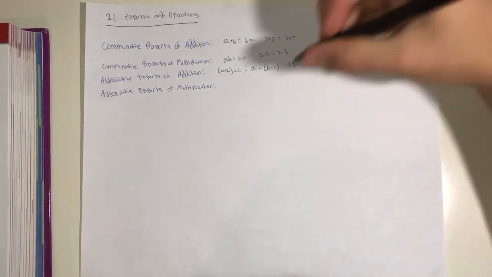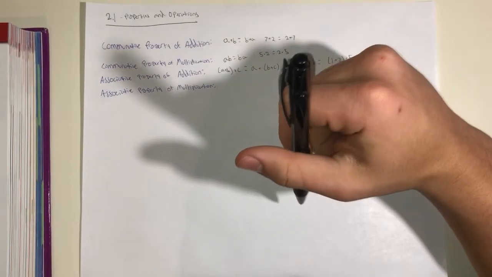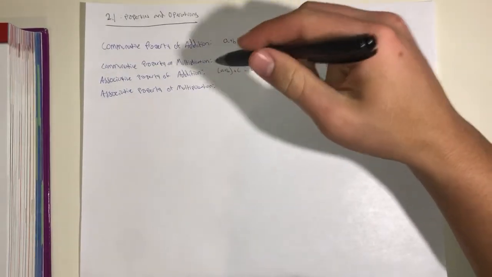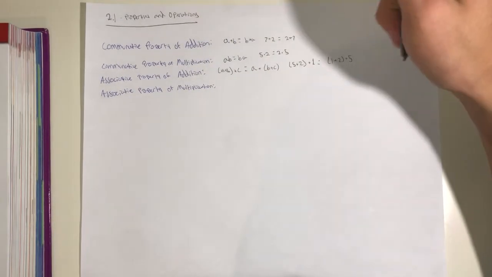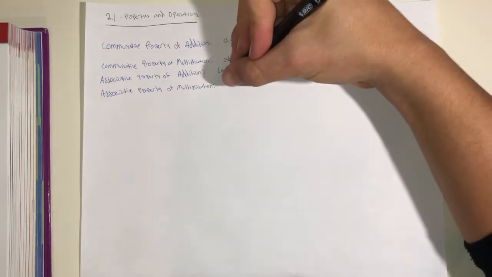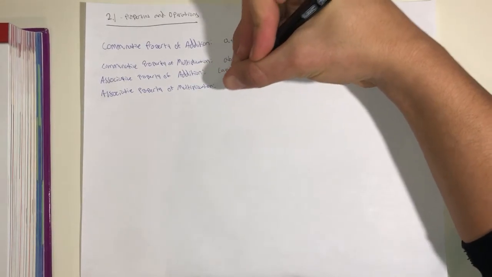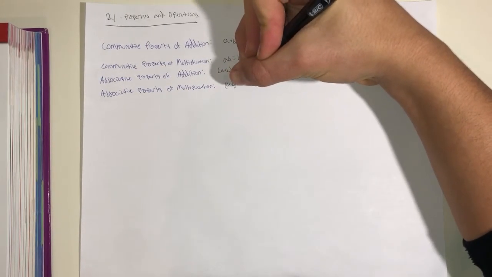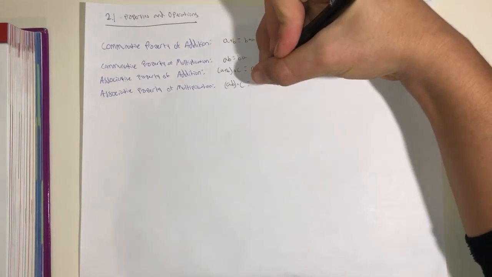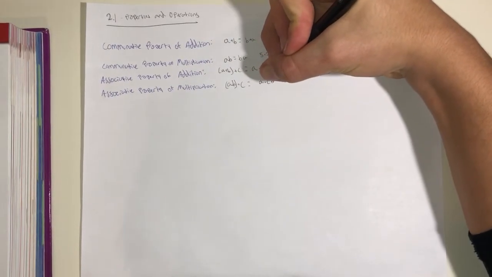The associative property of multiplication is the same thing as this one, except that with multiplication, changing the grouping of the numbers in a product does not change the product. This is basically saying that (a times b) times c is the same thing as a times (b times c).